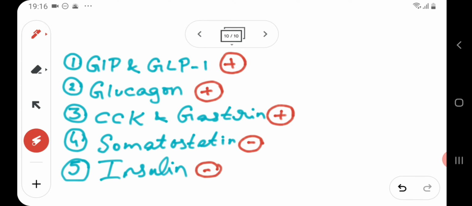So GIP and GLP-1, glucagon, CCK, gastrin, all of these promote insulin secretion, whereas somatostatin and exogenous administration of insulin inhibit endogenous insulin secretion.